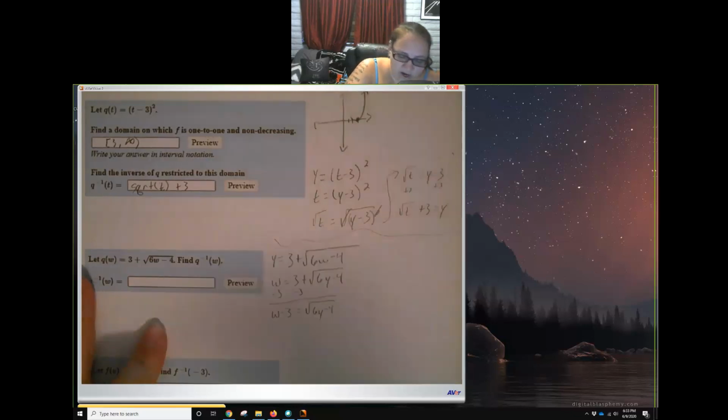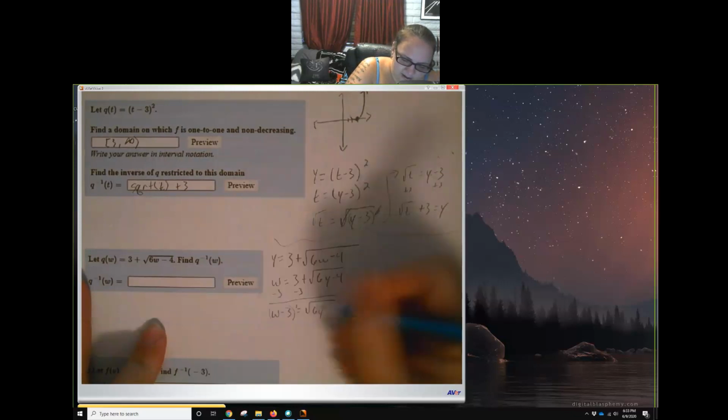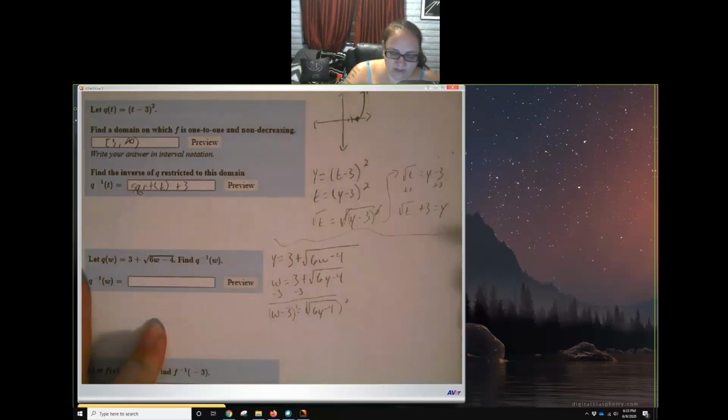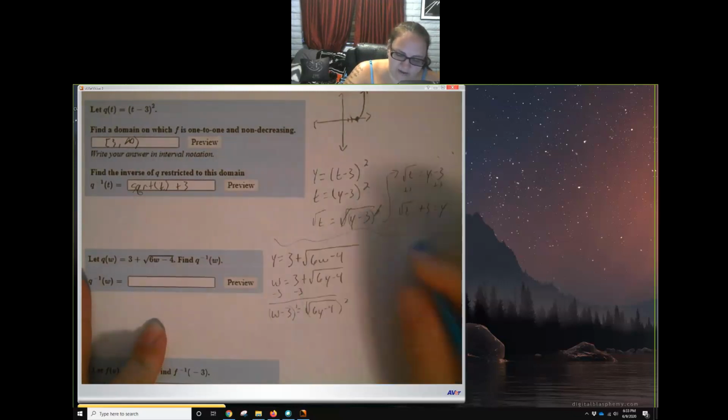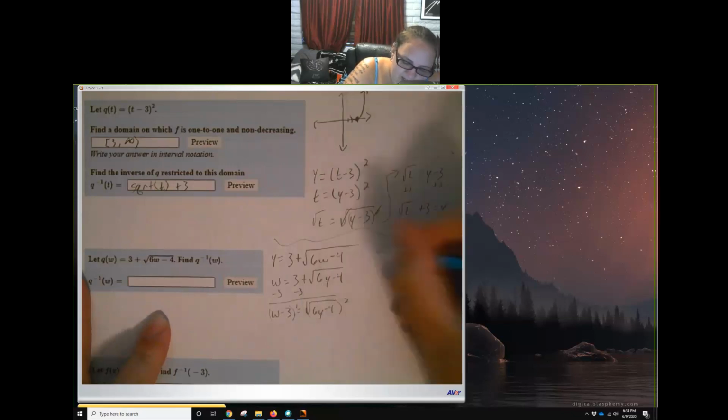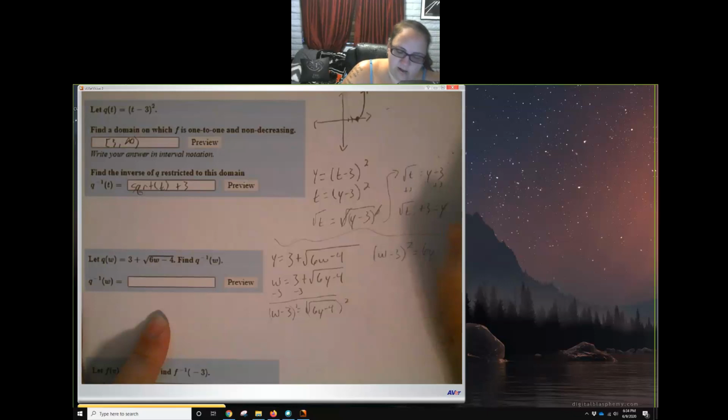Then I'm going to square both sides. On this side, the square root and the squared cancel. So I have w minus 3 squared equals 6y minus 4.